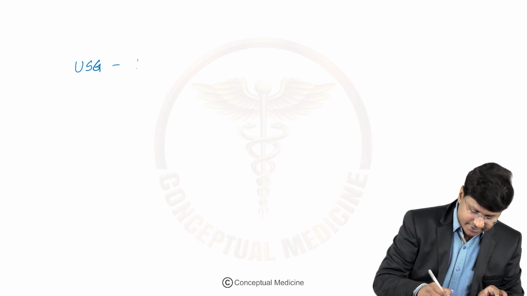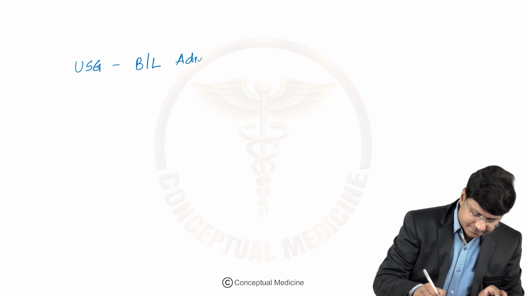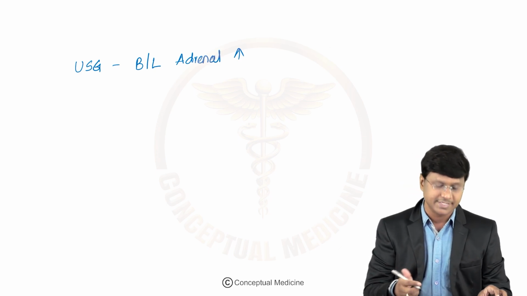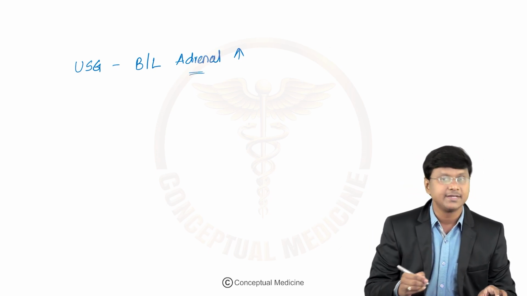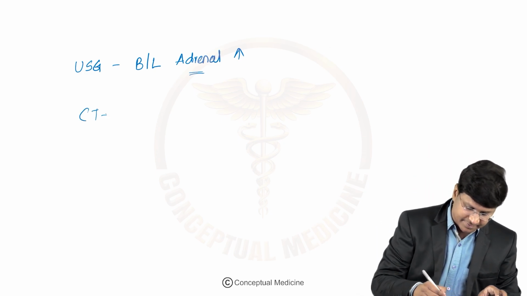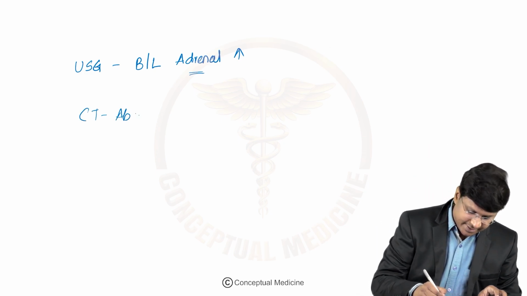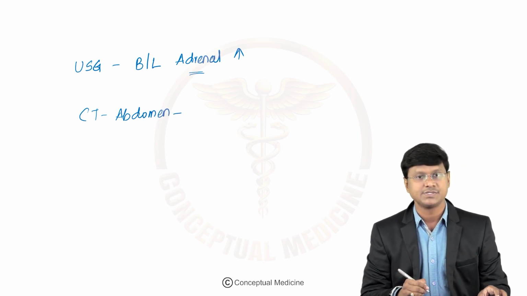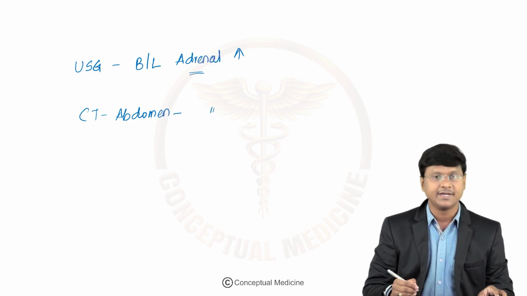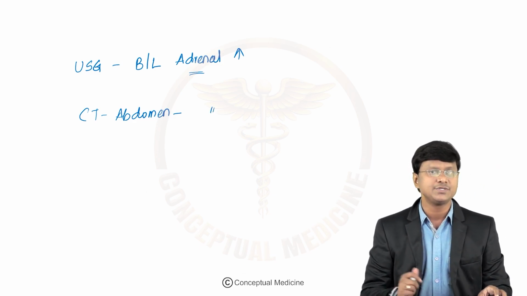Ultrasound of the abdomen will show you bilateral adrenal enlargement. Right? Suppose there is bilateral adrenal adenoma or bilateral adrenal hyperplasia, so there will be bilateral adrenal enlargement. Okay? And next thing is the CT scan of the abdomen. But CT scan of the abdomen has to be done only after confirming by the chemical analysis. So even CT scan of the abdomen will show you bilateral adrenal hyperplasia or bilateral adrenal tumors.